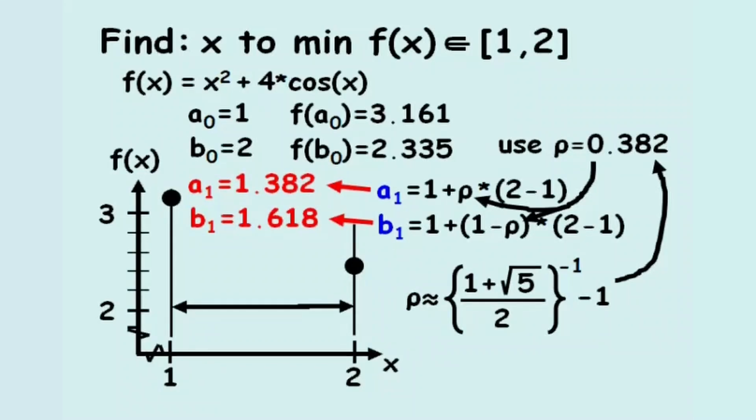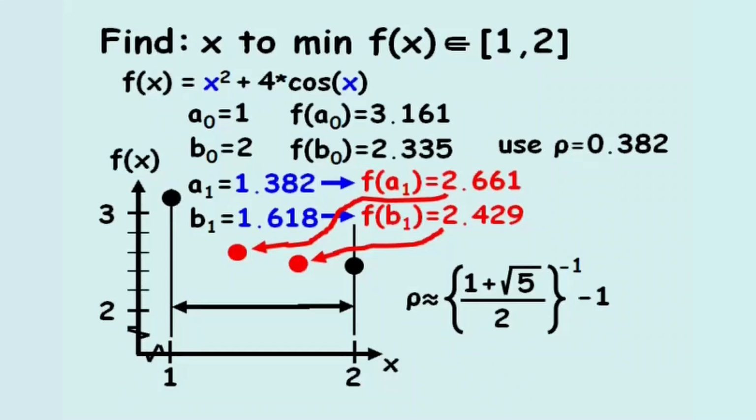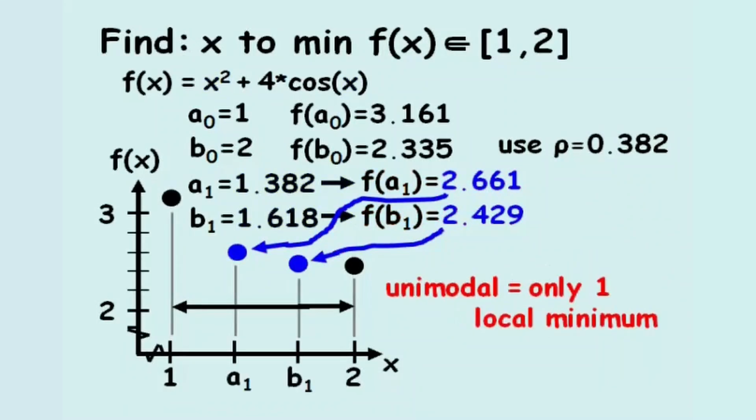1.618, respectively. Next, we'll compute the values of the function f of x using 1.382 and 1.618 for x, and we calculate 2.661 and 2.429. Since the function f of x is unimodal, we know the minimum value does not fall between 1 and 1.382.